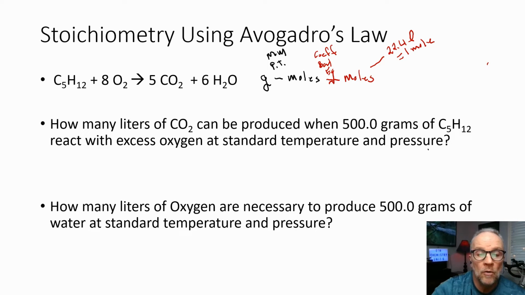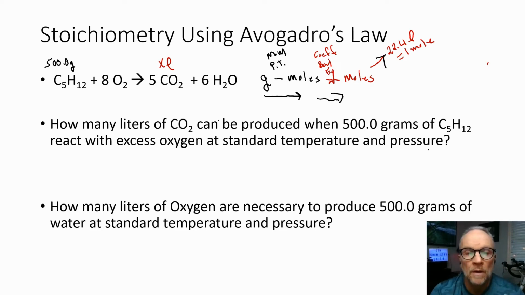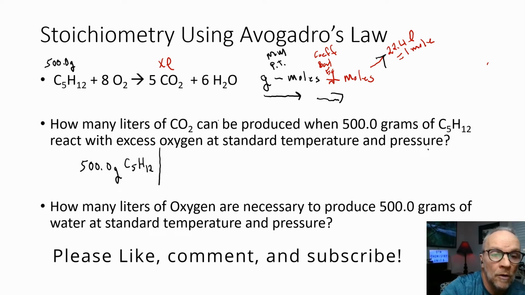Alright, so in this particular problem we're given 500 grams of pentane, and we're asked to solve for liters of CO2. So we're going to go from grams to moles, then moles to moles, and then finally moles to liters. So we'll have 3 steps, and we know that we have to get into a mole amount.